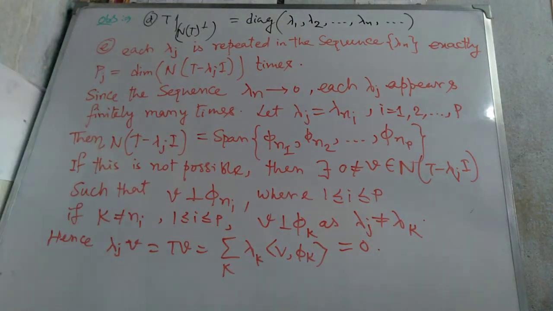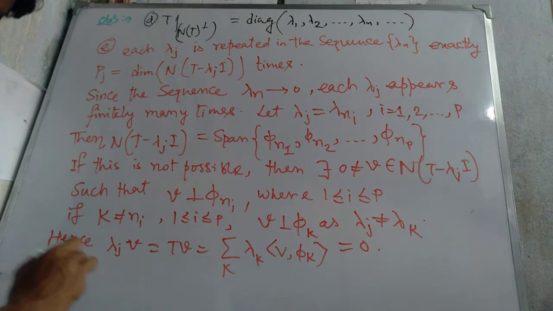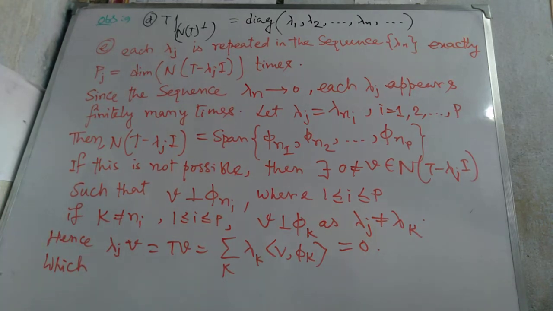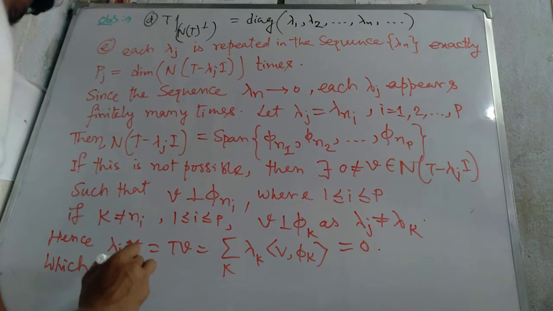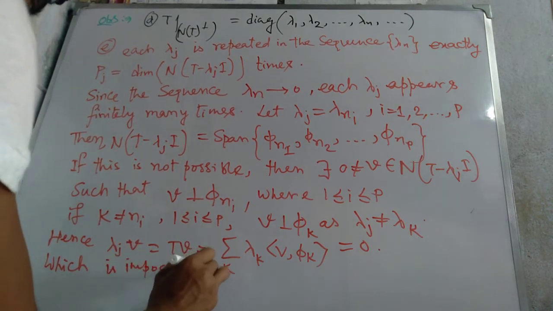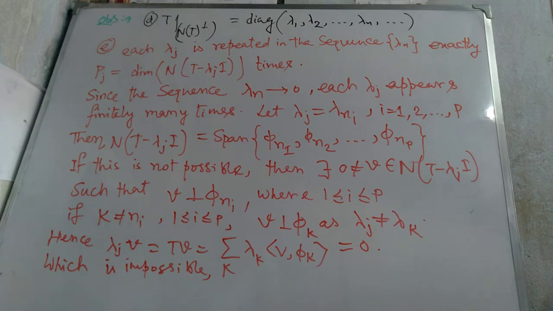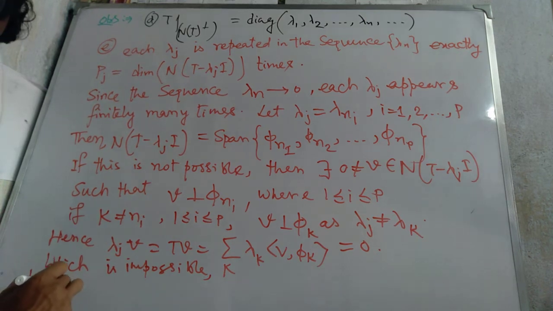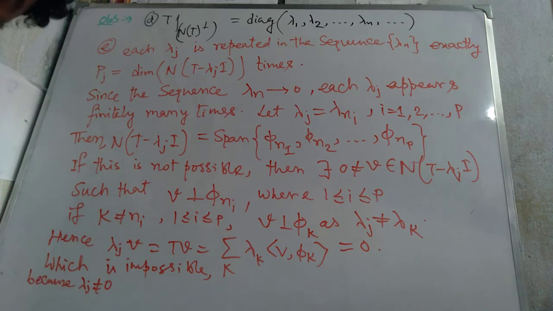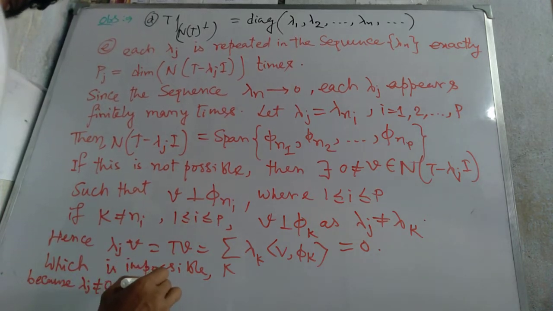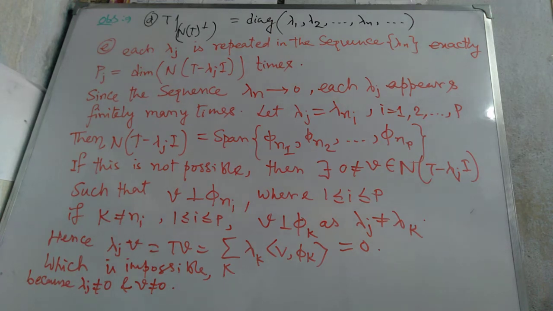Since v is perpendicular to phi_k, the inner products are 0, which is impossible, because lambda_j is not equal to 0 and v is not equal to 0. So this is not possible.